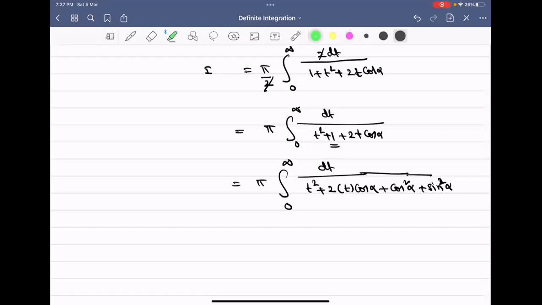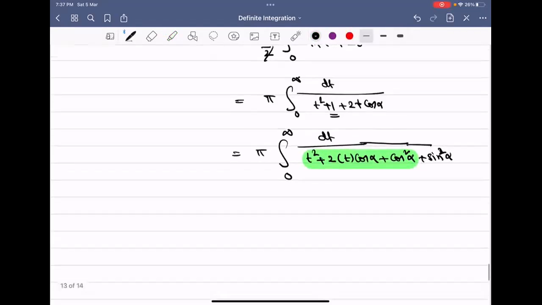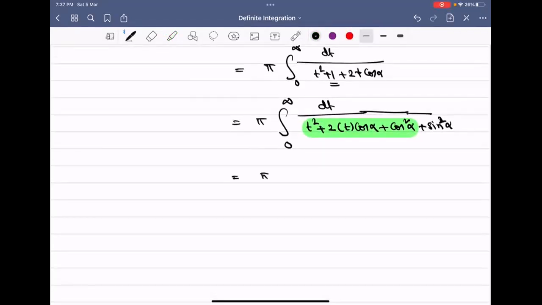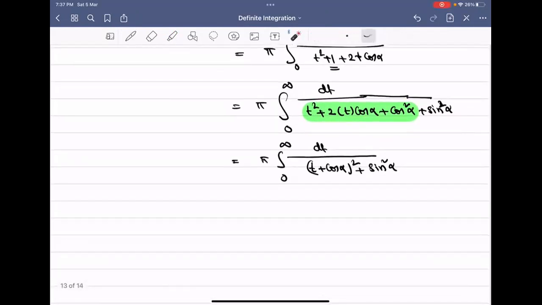Now if you observe, this part is a perfect square. That is pi into integration from 0 to infinity dt over t plus cos alpha whole square plus sin square alpha. Here t plus cos alpha is the variable because the integral variable is dt, and sin square alpha is constant.